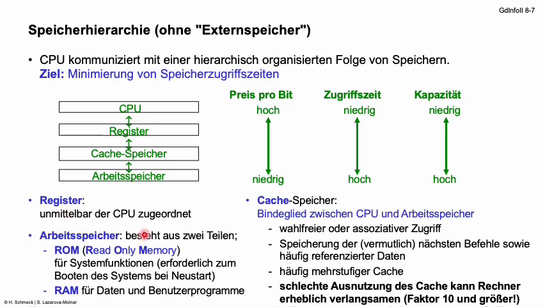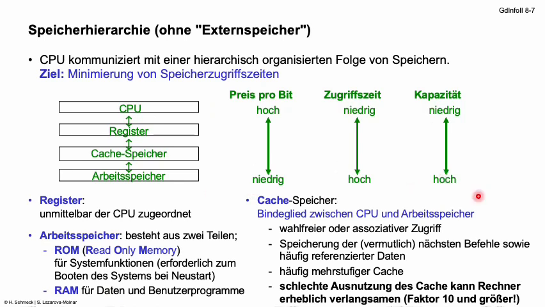Sometimes when people talk about the main memory, they forget about the read-only memory and talk mainly about the random access memory, so the main memory is sometimes used as a synonym for the random access memory.